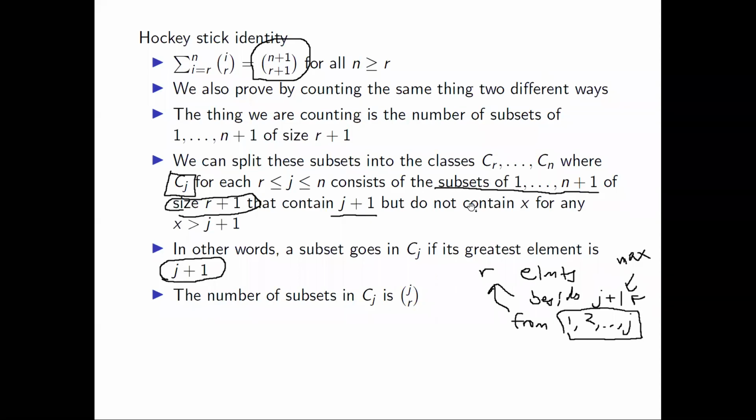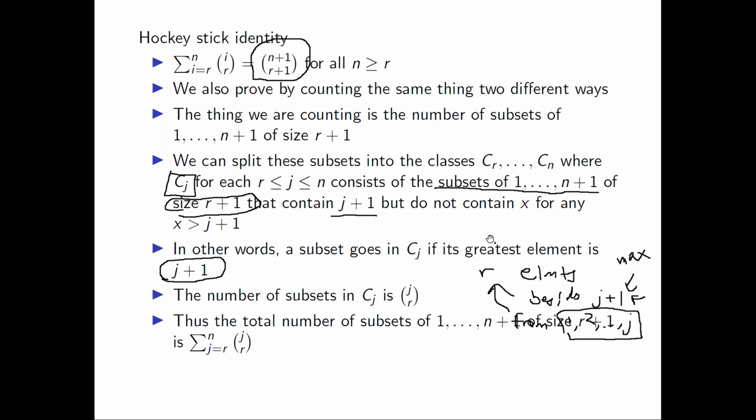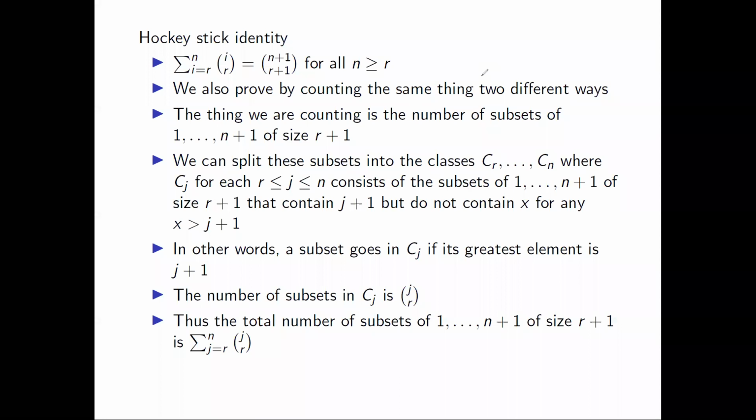And all we have to do is add up the number of elements in Cj for each j. Let me clear that so it's a little more legible. When we add up, since we started the Cj's at j equals r, and it goes up to j equals n, we can write this as the sum from j equals r to n of j choose r.